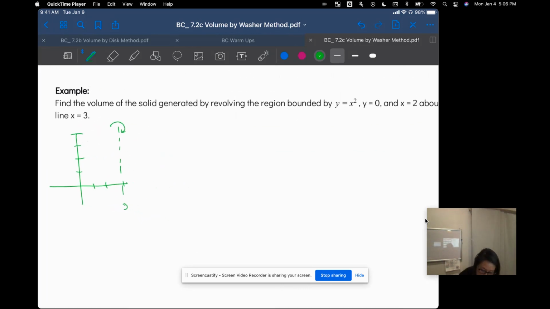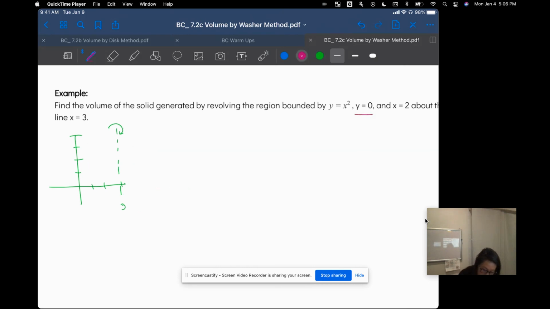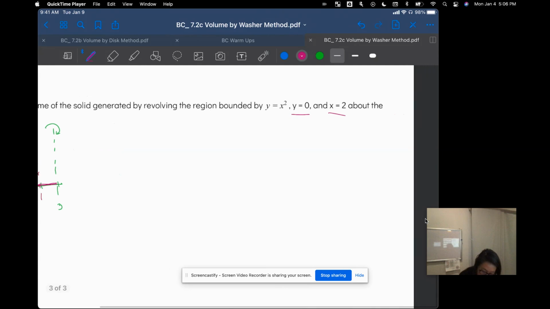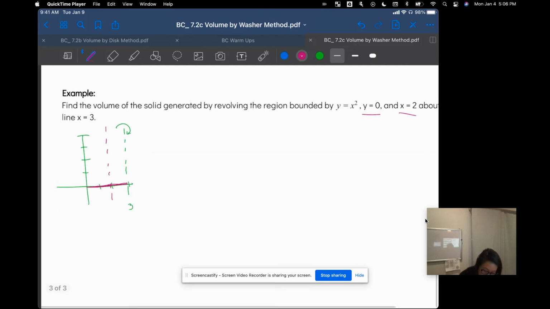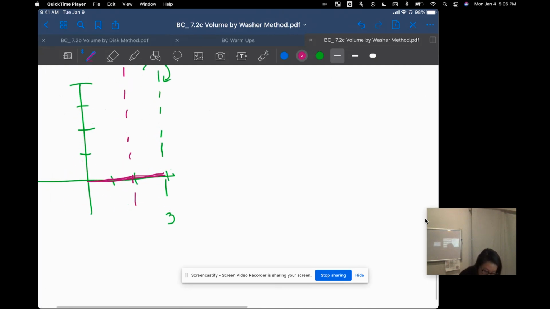And then I'm going to tackle y is equal to 0, which is the x-axis. x is equal to 2, that'd be right here. And then y is equal to x squared. x squared starts at 0, 0, goes up to 1, 1, and then 2, 4. So it looks like my region is the curve of the parabola, x equals 2, and y is equal to 0. Okay, so I'm going to revolve this region.